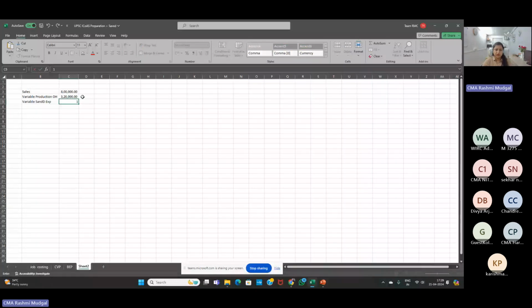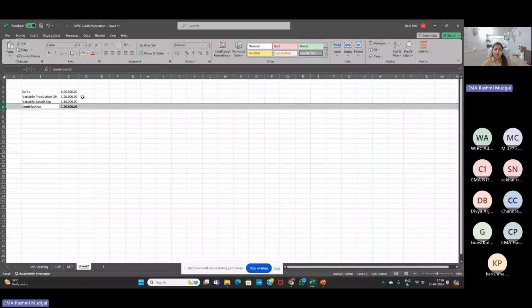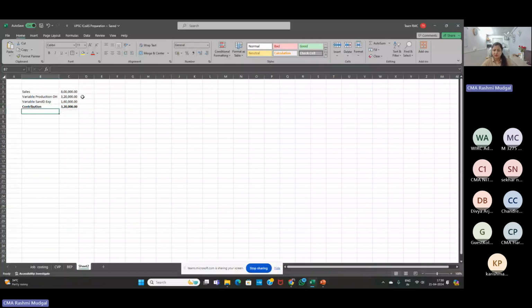So we can calculate the contribution as sales minus variable cost. If I subtract, 3,20,000 will be my contribution. And what is my fixed cost?